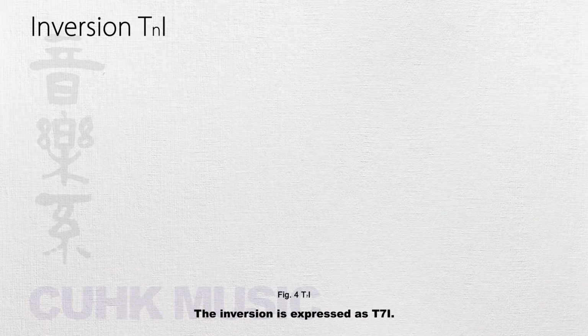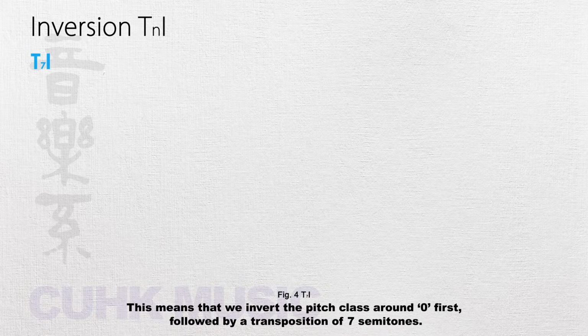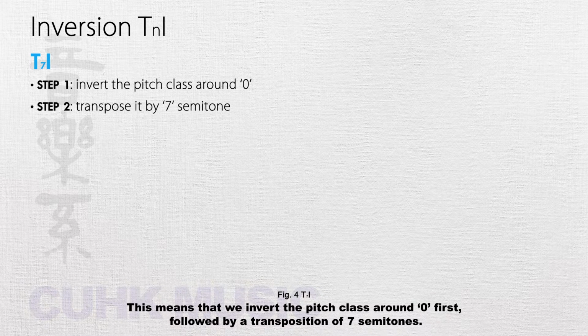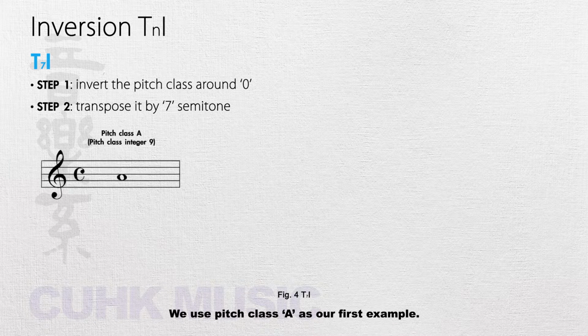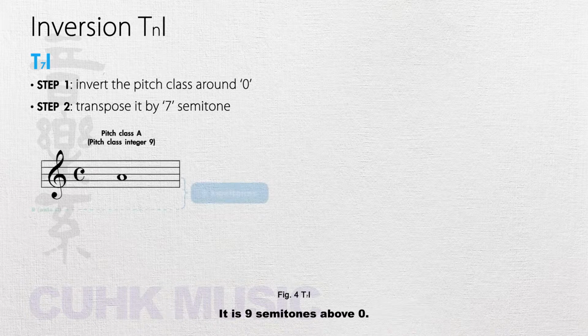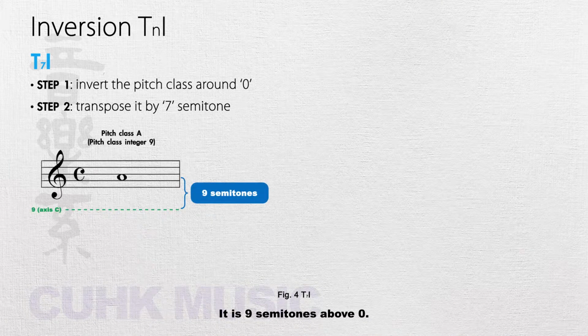Let's change to take n equals 7. The inversion is expressed as T7I. That means that we invert the pitch class around 0 first, followed by a transposition of 7 semitones. We use pitch class A as our first example. It is 9 semitones above 0.